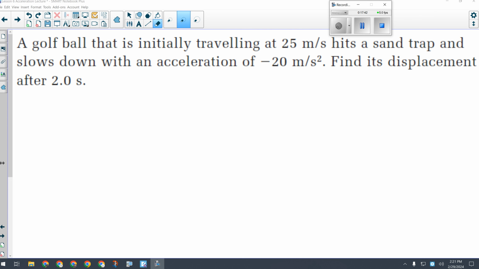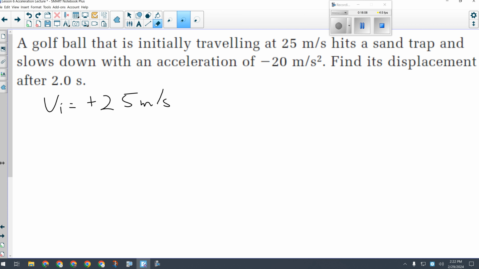And if we think of the context of a question, if a ball is moving forward and it hits sand, it's going to slow down. And slowing down means the acceleration is negative in the other direction. These are little contextual things I have to get out of the question. Visualizing it is so important, as we talked about the other day. So VI is going to be positive 25 meters per second.